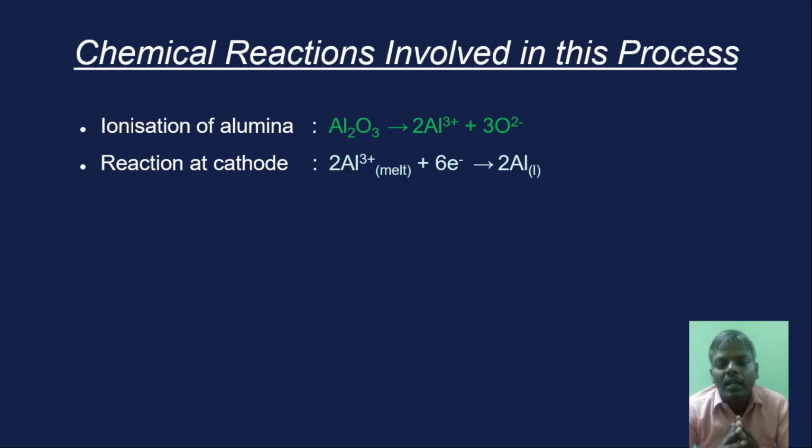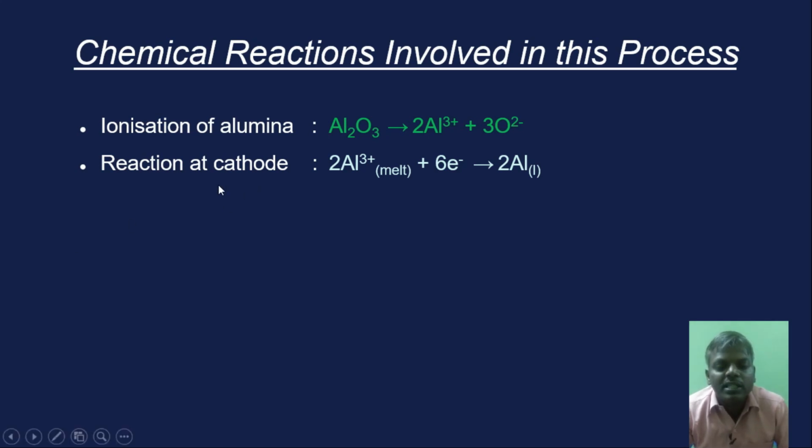This is the electronic concept of oxidation and reduction. Now apply that concept in the electrochemical principle: at the anode oxidation occurs, at the cathode reduction occurs.